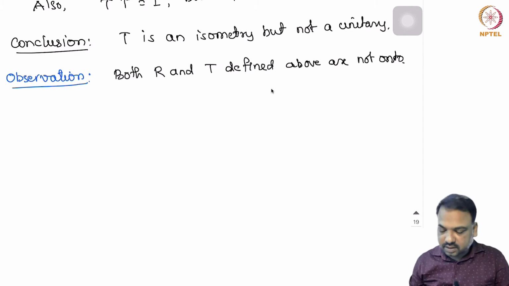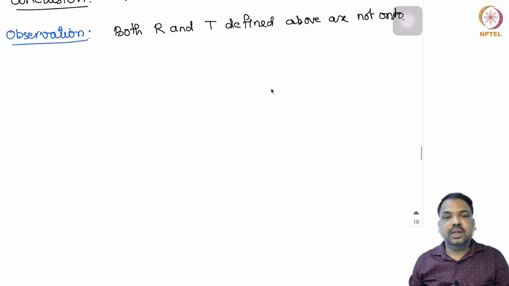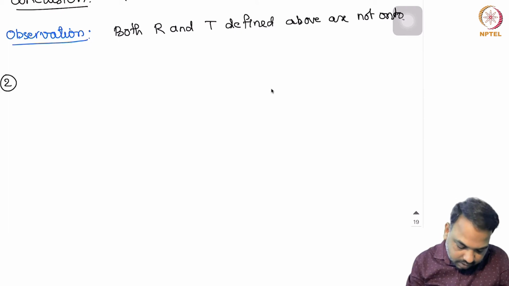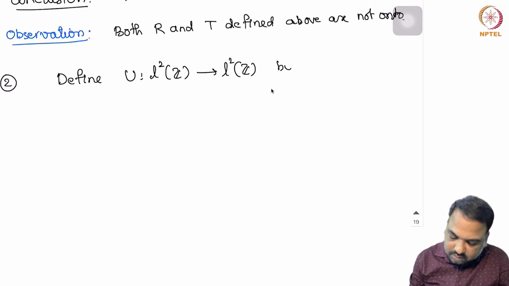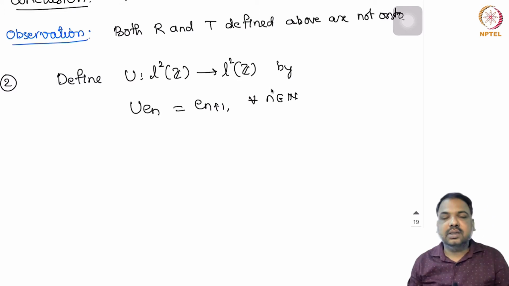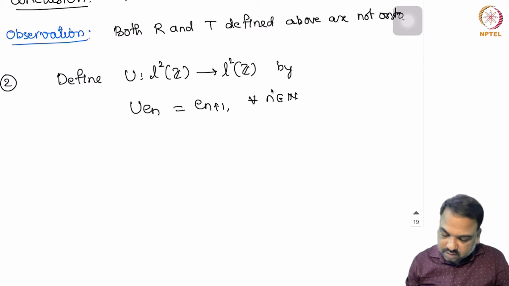So let us look at one example of a unitary operator. Define U from L2 of Z into L2 of Z by U of En is En plus 1 for every n in Z. So here En is the standard orthonormal basis for L2 of Z, where n is ranging over integers.